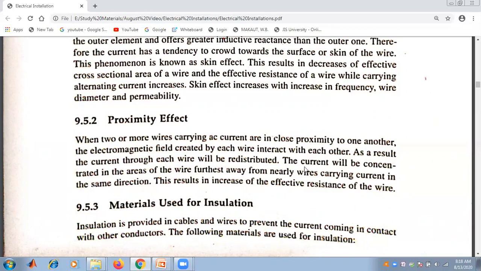The current will be concentrated in the areas of the wire farthest away from nearby wires carrying current in the same direction. The result is an increase in the effective resistance of the wire.